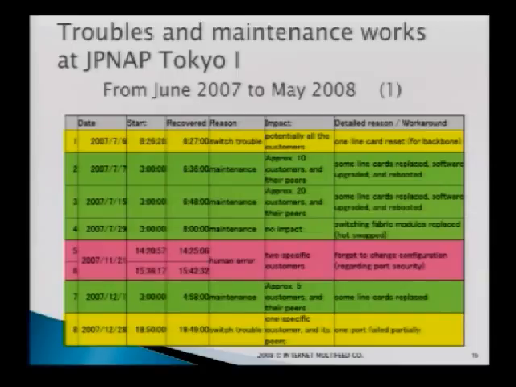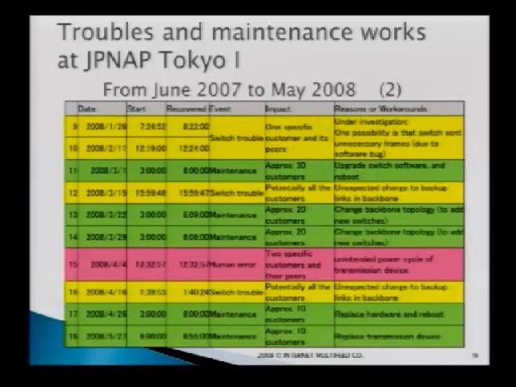So during this year, we have 18 events of troubles, maintenance and misoperations. Next, I would like to use this data to show how effective this technology is to improve the availability.